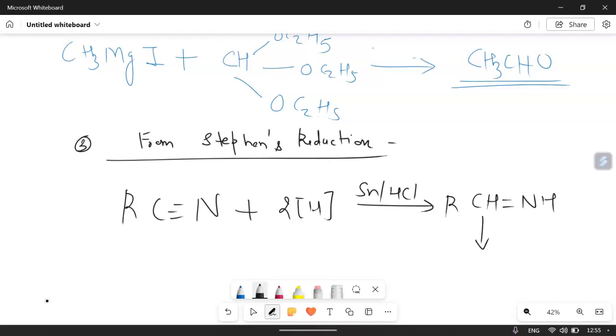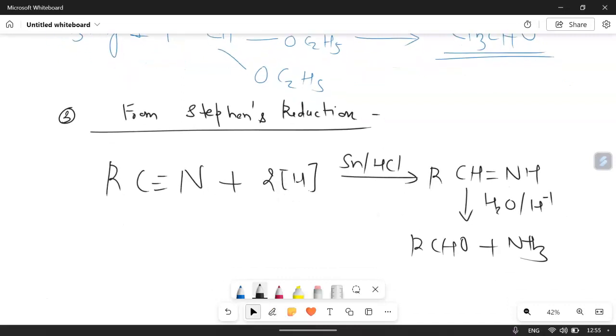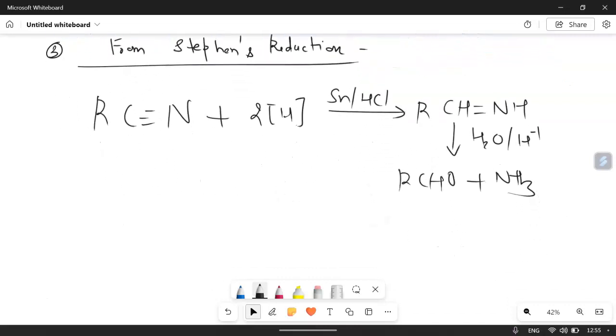Addition of hydrogen, then hydrolysis gives RCHO plus NH3. Okay, so you can go with it.